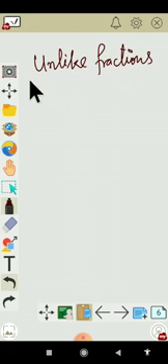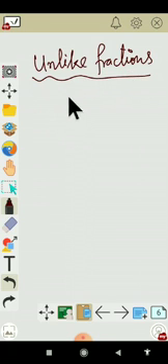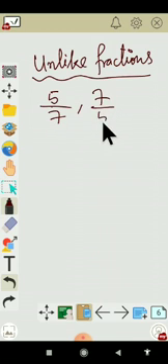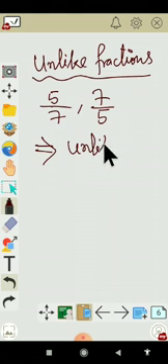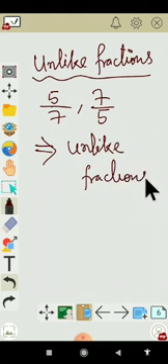Unlike fractions: if the fractions have different numbers in the denominators, suppose 5 by 7 and 7 by 5, these two are unlike fractions. Then we already know another type of fraction, that is proper fraction.